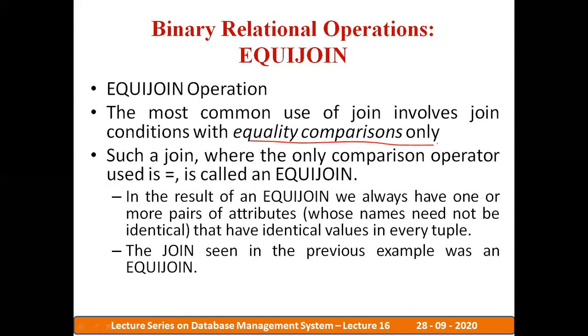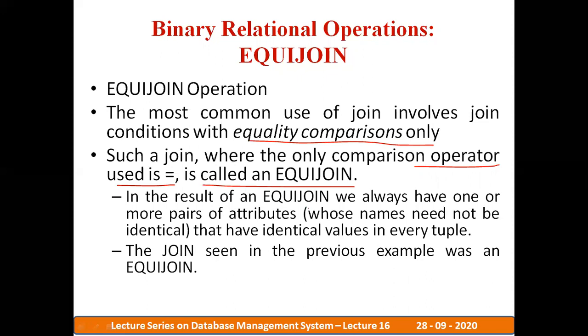But if you are using only equality comparisons, then that kind of join we call an equijoin. Such a join, where only the equals to comparison operator is used, is an equijoin.